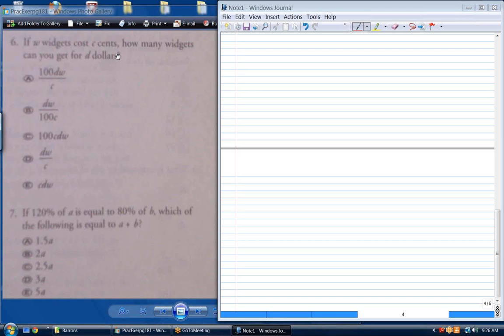But quite frankly, if you're like me, you get quickly confused, and I'm not positive whether I'm going to be multiplying, dividing, I've got to convert cents into dollars, so I know there's going to be 100 involved there. And I don't know whether it's in the numerator or the denominator, so immediately I'm picking numbers on this one.